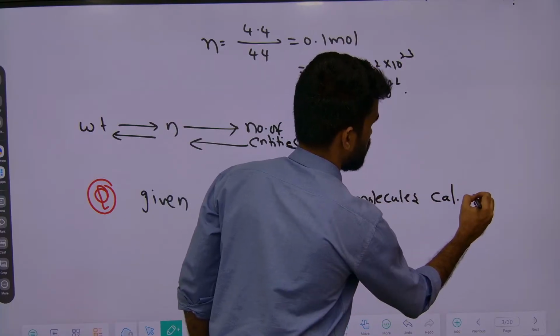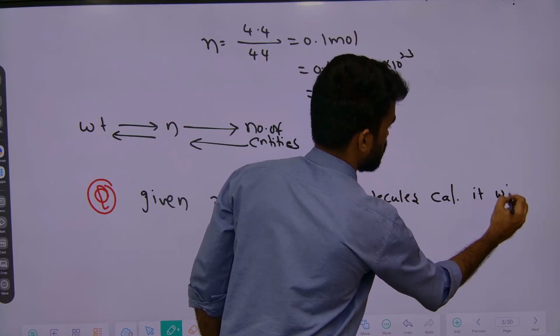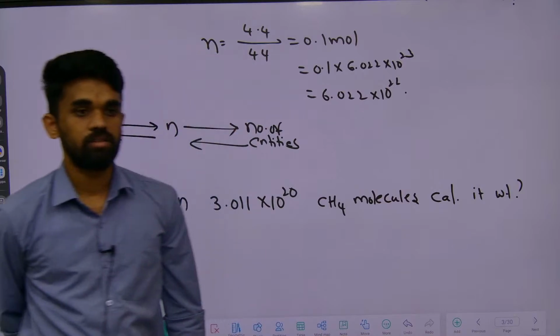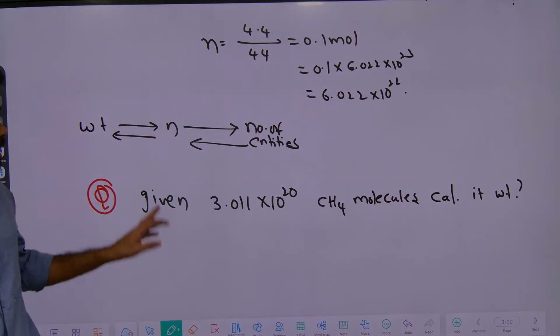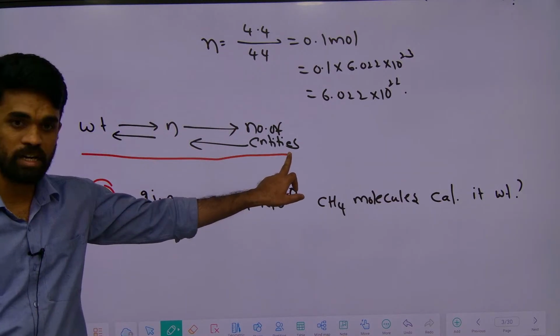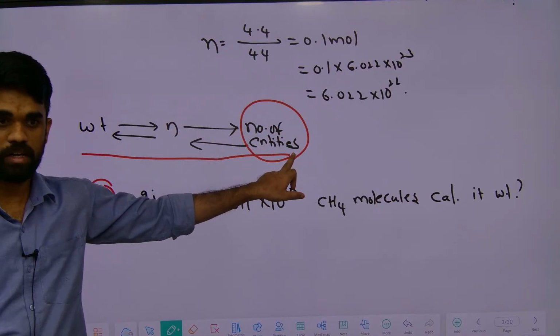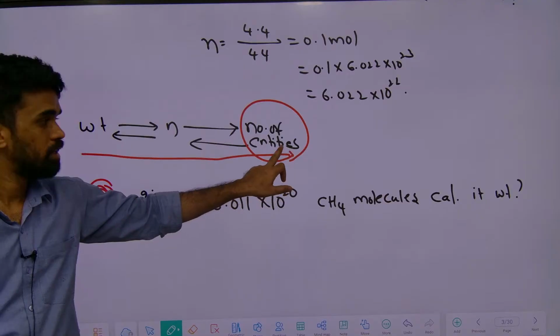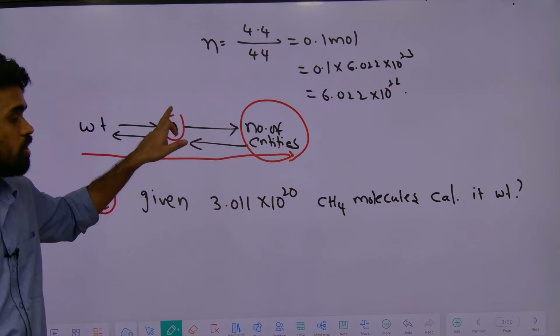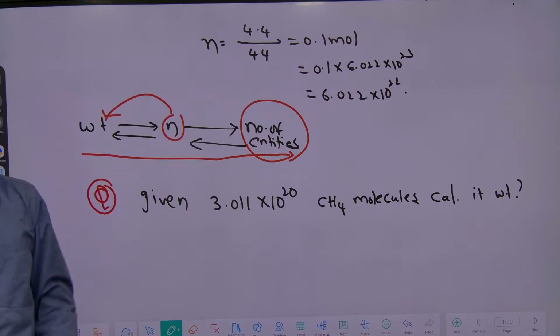Calculate its weight. Just look at this. What I provided in the question? Number of entities, like number of molecules, provided. Then calculate number of moles, then go for the weight of that substance.